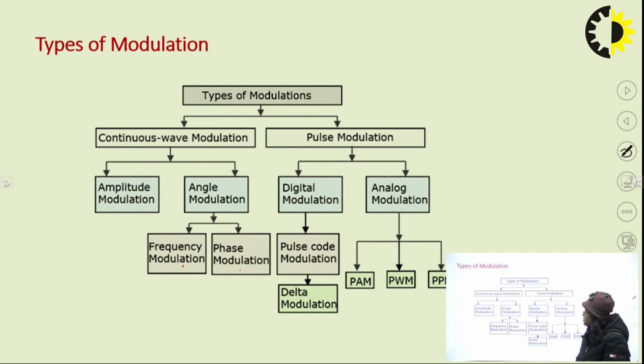Whereas pulse modulation consists of digital modulation and analog modulation. In digital modulation, there are pulse code modulation and delta modulation, which are basically waveform coding techniques. And then analog modulation: PAM, PWM and PPM, that is, pulse amplitude modulation, pulse width modulation and pulse position modulation.